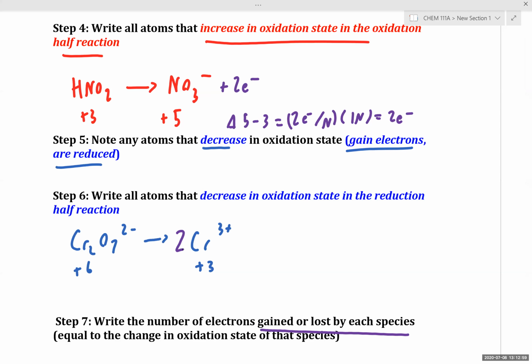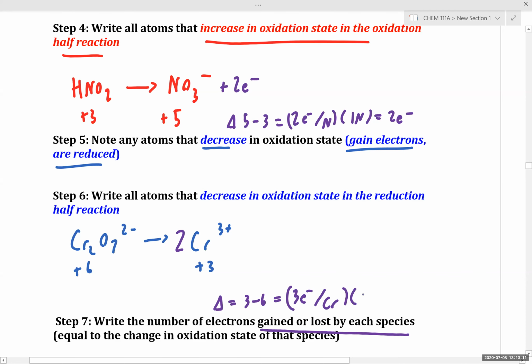So now checking, we went from +6 to +3. So our difference is equal to 3 minus 6. So we have 3 electrons per chromium atom. So how many total electrons were gained by dichromate if we have 2 chromium atoms?